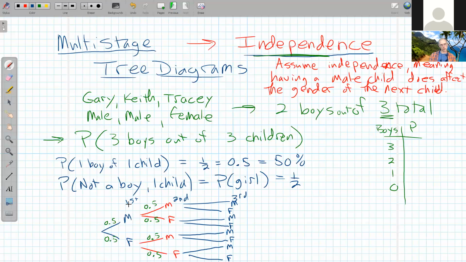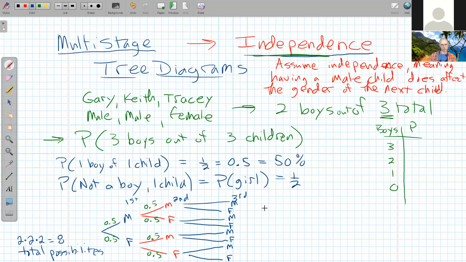There are 2 choices for the first child, 2 choices for the second, 2 choices for the third. So as far as our denominator here, we have 2 times 2 times 2, which gives us 8 total possibilities. From the branching of this tree, we can see we double each time. So 2 doubled is 4, doubled is 8. So there's 8 possibilities up here.